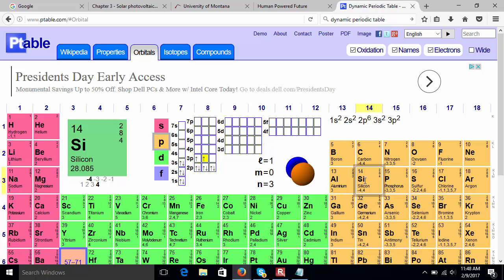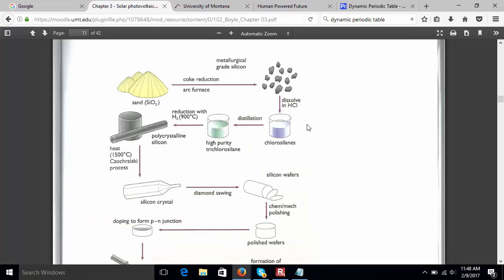So you can imagine SiCl4 happening in that little bath. So high purity trichlorosilane. So in this case, there's going to be 3 chlorines attached to it.